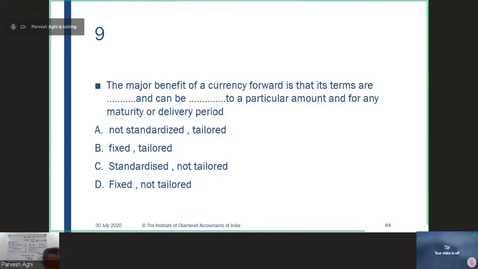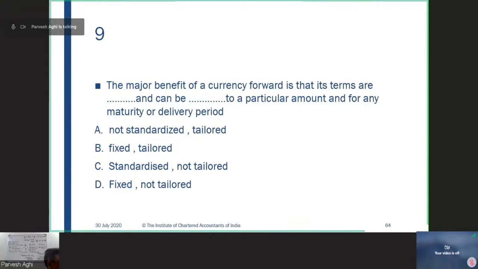It's a very, very important MCQ. If you understand this, then you understand the difference. What does tailor-made mean? You go to the tailor and have your shirt made as per your size. Here it means that you go to the bank and say that I'm going to receive $1,10,325 after, say, 3 months, so what rate are you going to offer me?